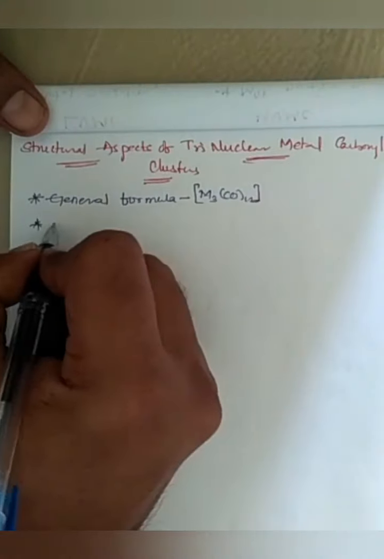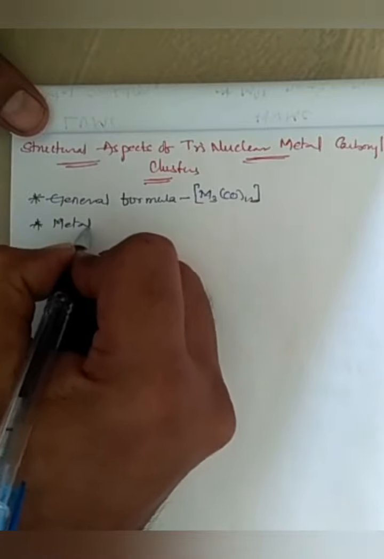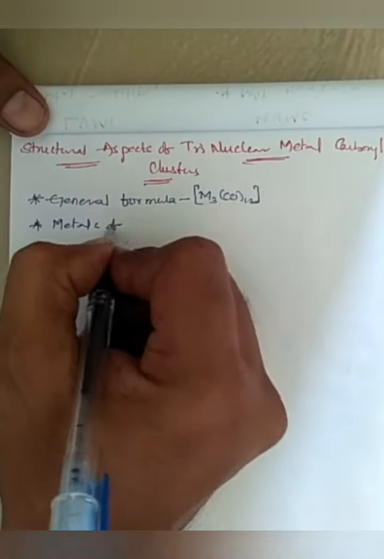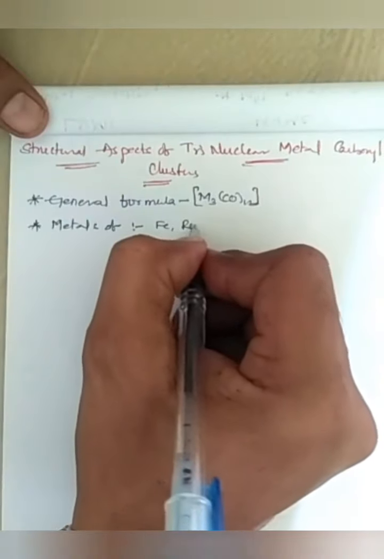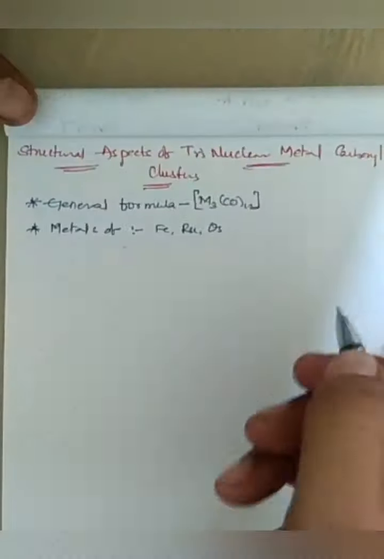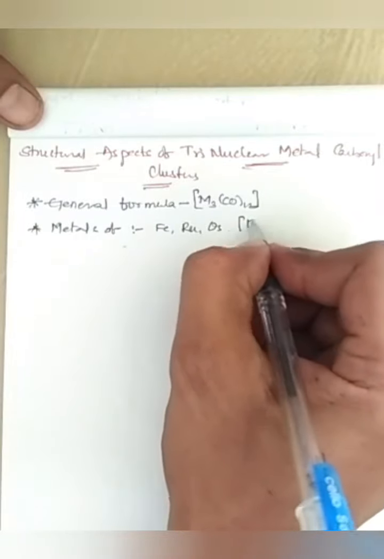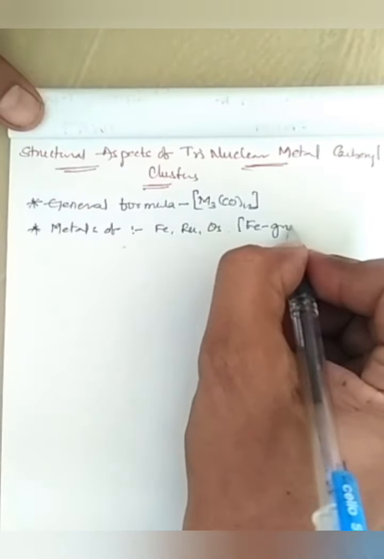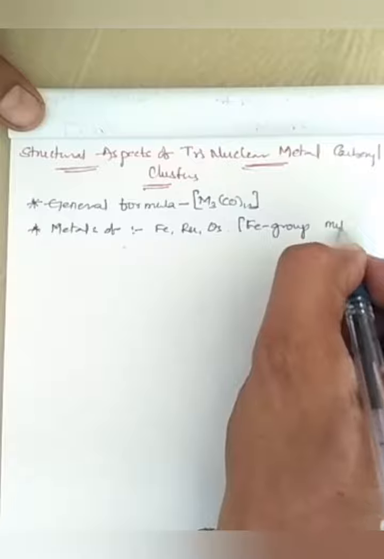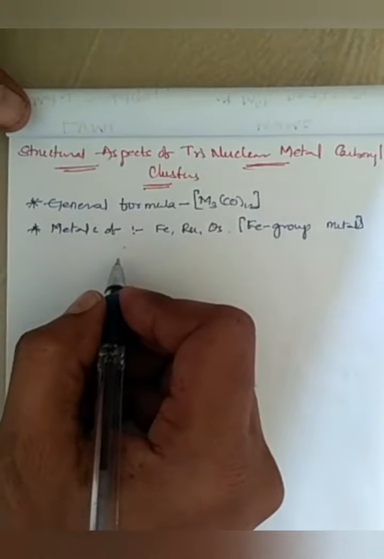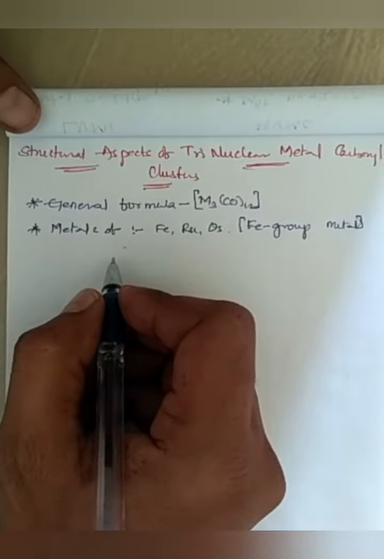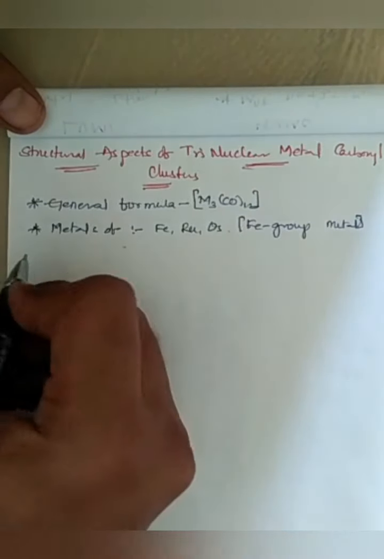And here the metals which form the trinuclear metal carbonyl clusters are iron, ruthenium, osmium. Iron group metals will form trinuclear metal carbonyl clusters, right?